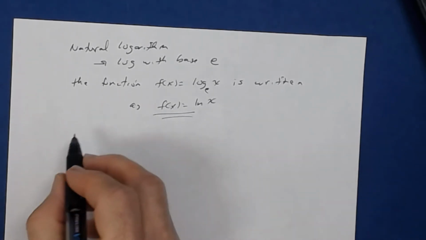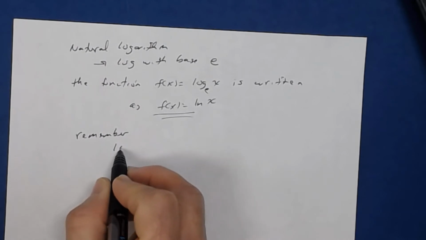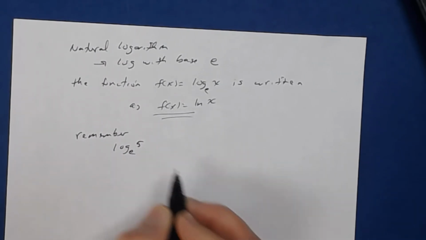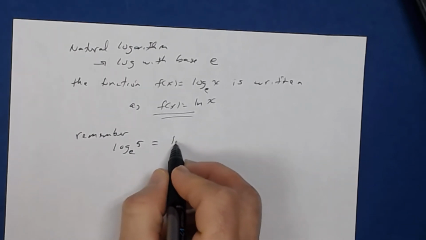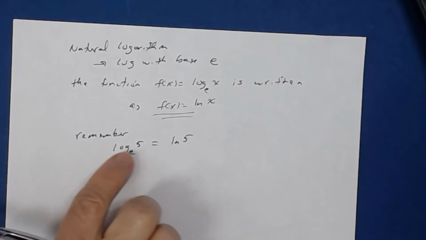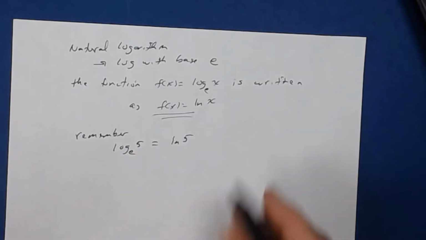So you need to remember this now. Remember, log of 5 base e means ln of 5. Remember, ln of 5, natural log of 5.